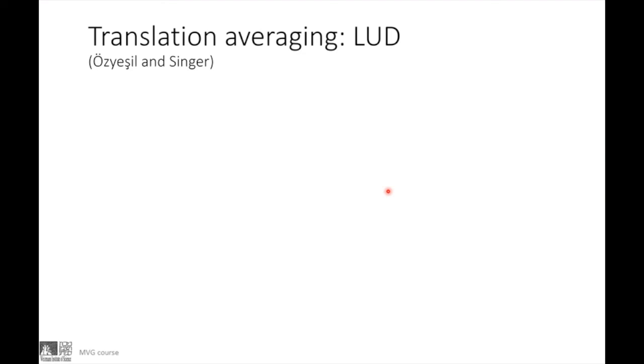Okay, so again, in translation averaging, we are given translations between pairs of images, and we want to make them consistent. In practice, the essential matrix gives us translation, but only up to unknown scale.